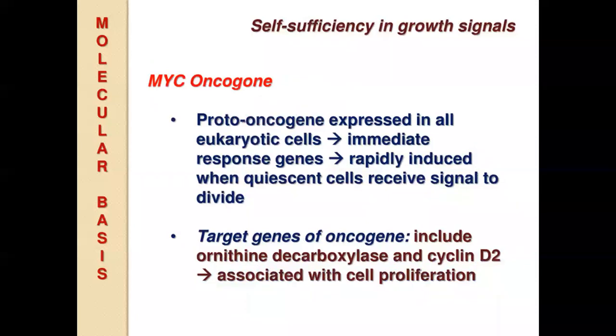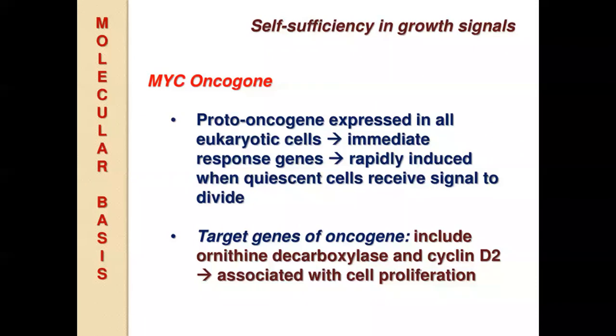The MYC oncogene is the most common of the nuclear regulatory transcription proteins found in human tumors. The proto-oncogene is expressed in all eukaryotic cells. Immediate response genes are rapidly induced when quiescent cells receive signals to divide.